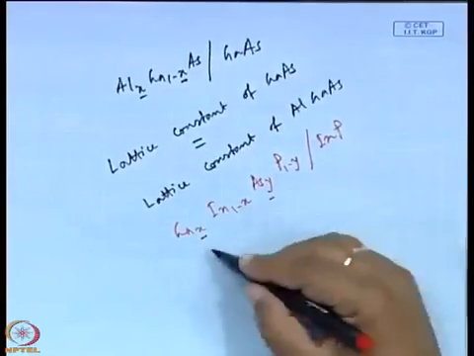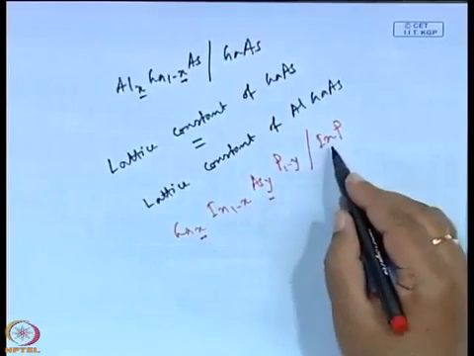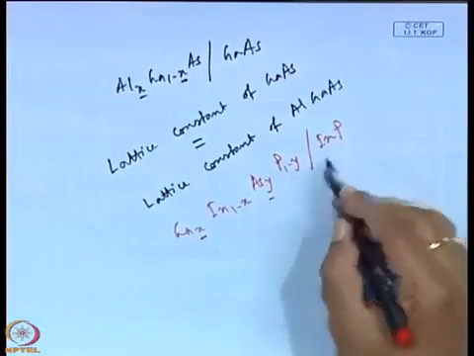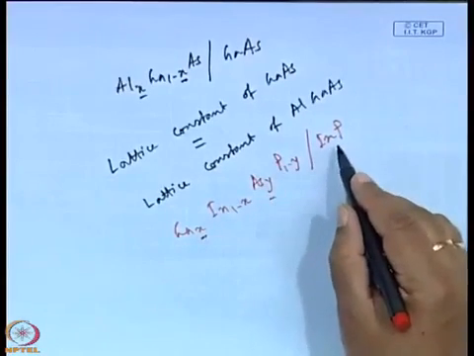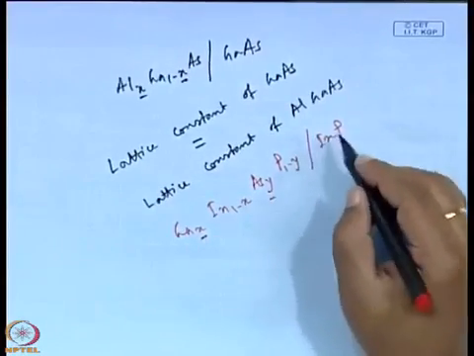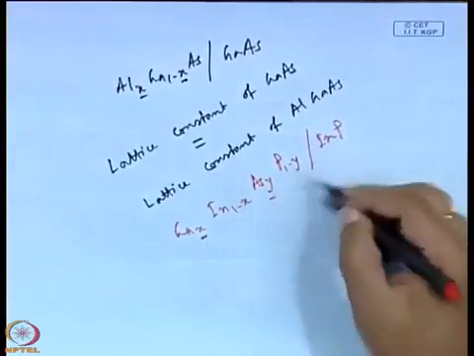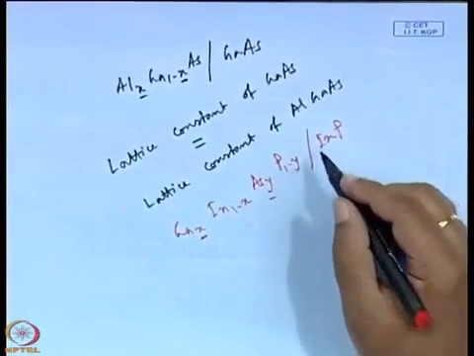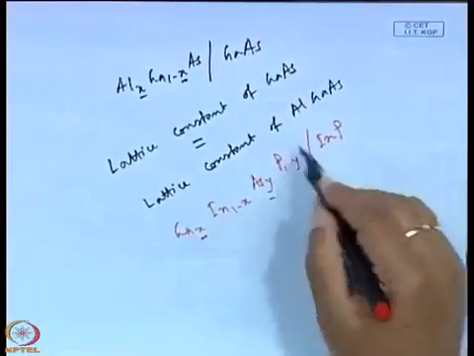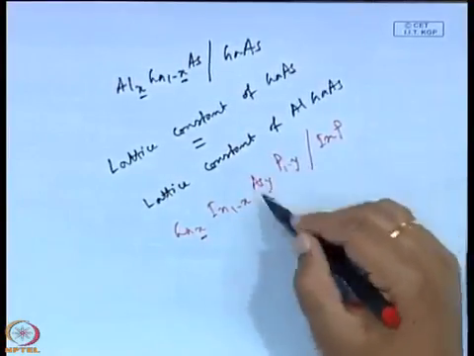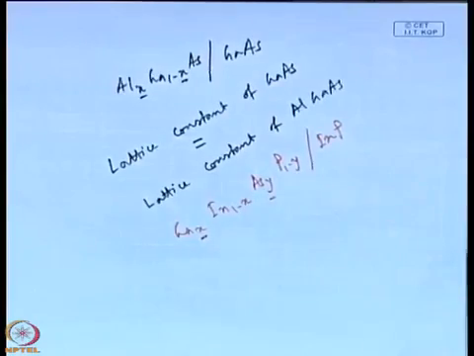Not that for all values of x and y it will be lattice matched to indium phosphide, but for certain values of x and y this is lattice matched to indium phosphide, because the important consideration of the epitaxial growth is its substrate, and you must choose a proper substrate for making the epitaxial layer free from all types of defects, dislocation, etc.